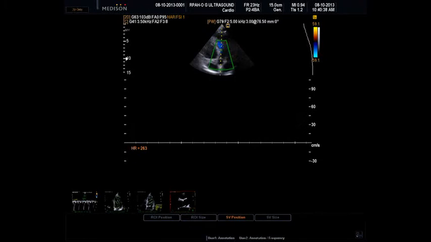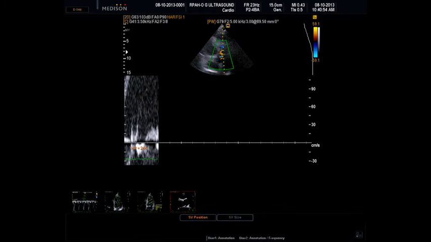And if we place our sample volume, now you want to measure your stroke volume for your cardiac output. You need to make sure where you've measured your outflow tract is where you're sampling. So we need to be at the annulus of the valve.